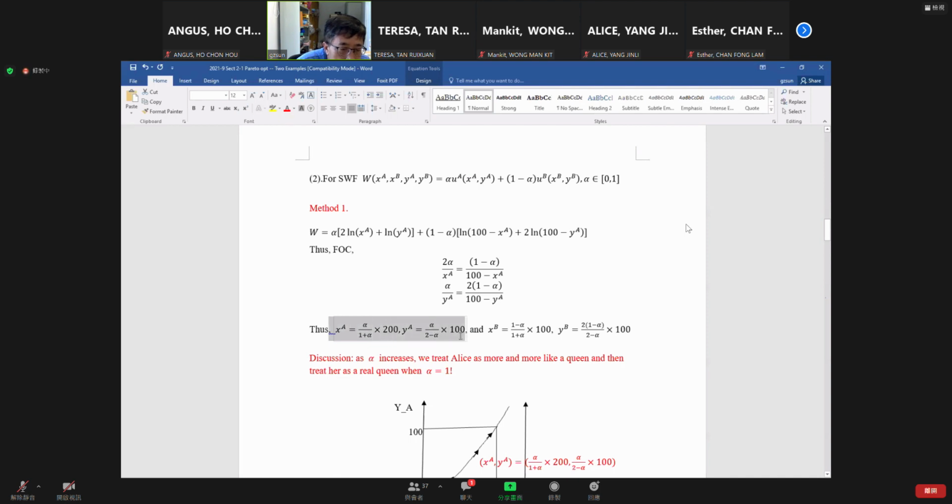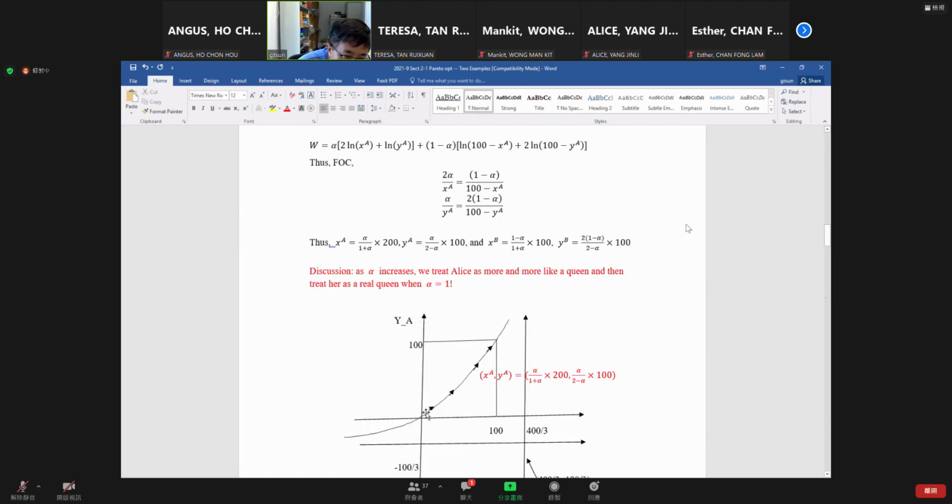This solution naturally tells us when you give alpha different values, XA and YA will change from 0 to 100. So therefore, this solution also generally tells us what we get when we change alpha, we change the number, we change the point.